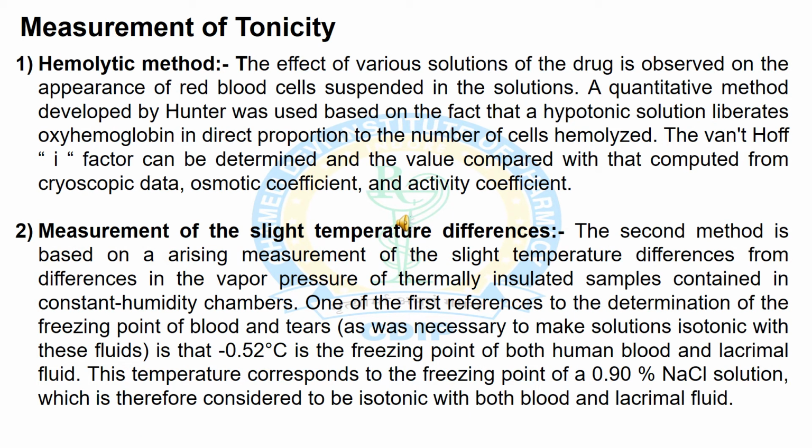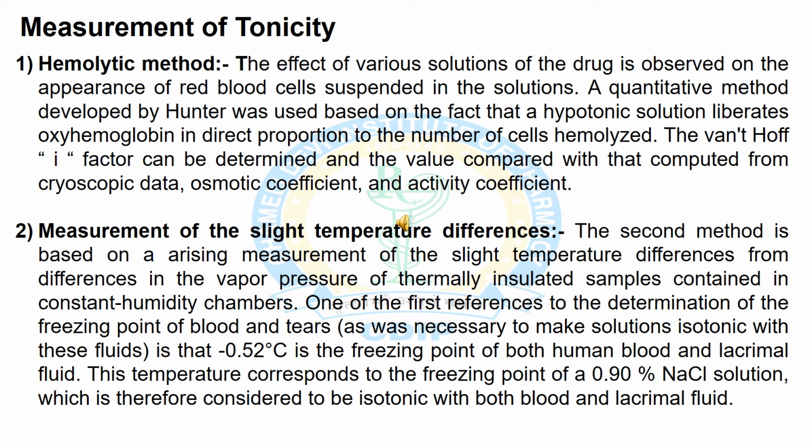Next is measurement of tonicity. The tonicity can be measured by using two methods, that is the hemolytic method, and the second one is measurement of slight temperature difference. First method, that is hemolytic method or cell lysis. The effect of various solutions of the drug is observed on the RBC suspended in the solution.